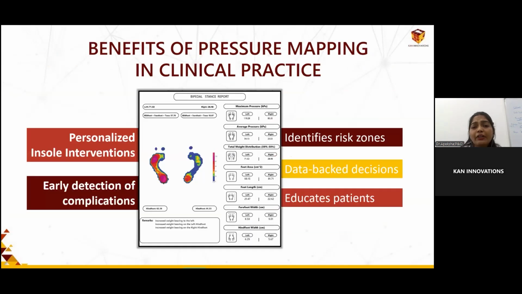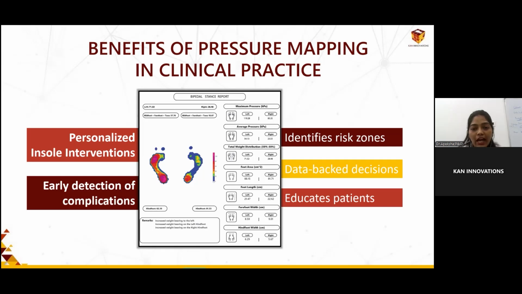Moving on to the benefits in clinical practice of the plantar pressure system. It identifies the risk zone. Now, let's come to a real case. You have a diabetic patient. He visited you. He doesn't have any skin condition. He isn't showing any corns, calluses, or ulceration, but there is asymmetrical data in his gait.